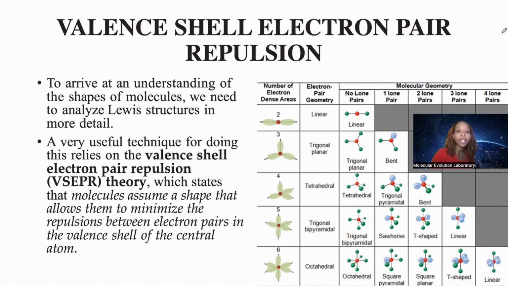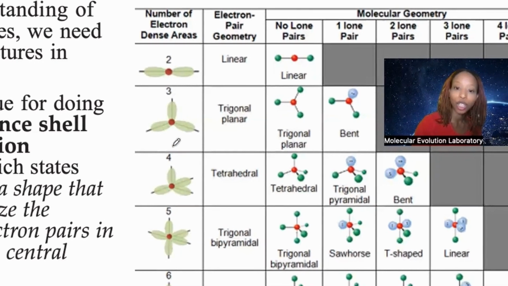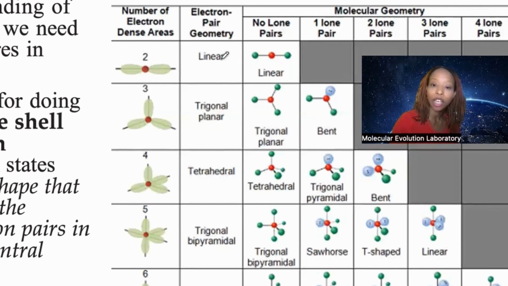A very useful technique for doing this relies on the valence shell electron pair repulsion theory, or VSEPR, which states that molecules assume a shape that allows them to minimize the repulsion between electron pairs in the valence shell of the central atom.